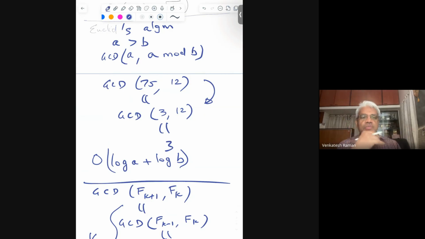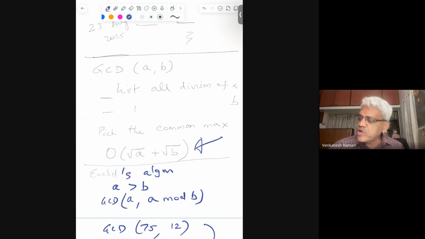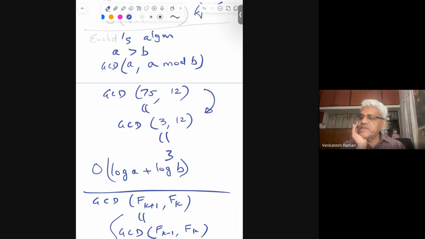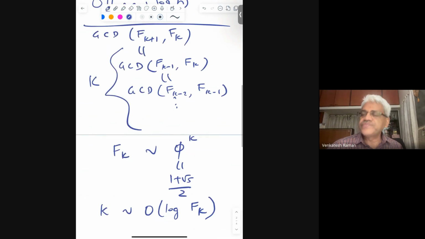That's a good point. With the simple algorithm, you first realize that it takes something like order square root of a plus square root of b. And for Euclid's algorithm, I'm skipping the details. I need to think about why it is log a plus log b, but that's essentially the worst case, which happens with something like this.